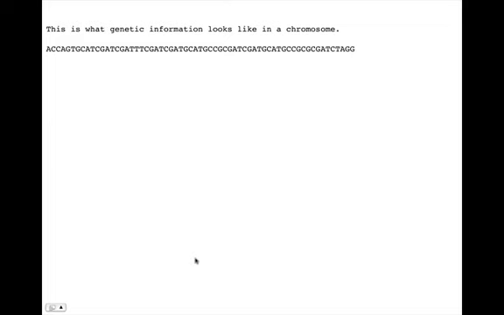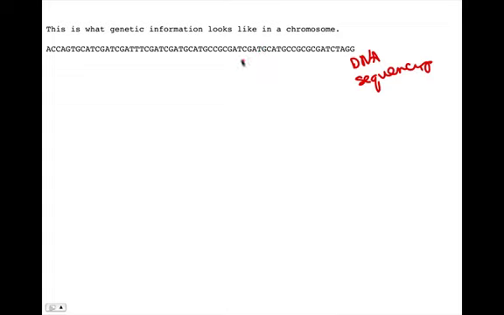Here's something from the handout just to show that the DNA code, a chromosome looks like this, and scientists can now read this code through a method called DNA sequencing. And billions of DNA letters are in databases available to look, just like you do a word search in a Word document.